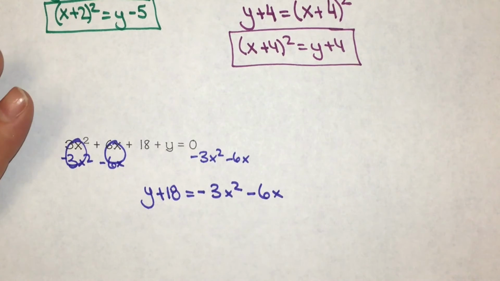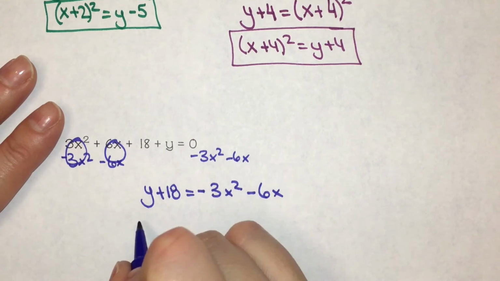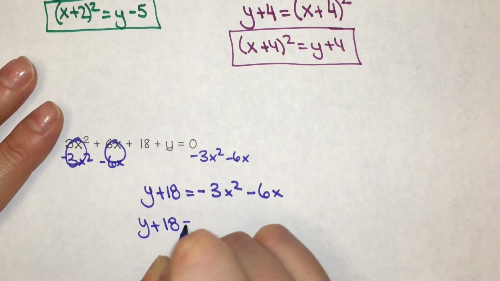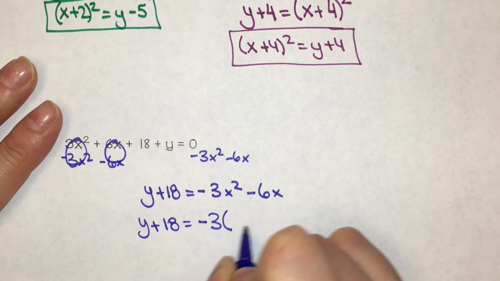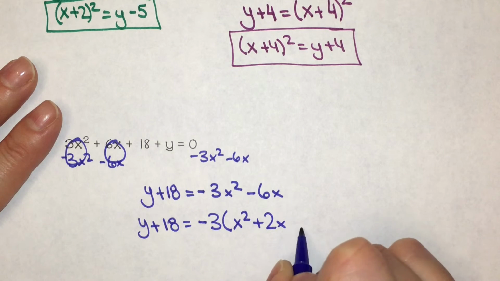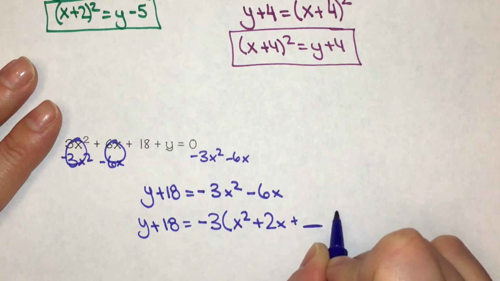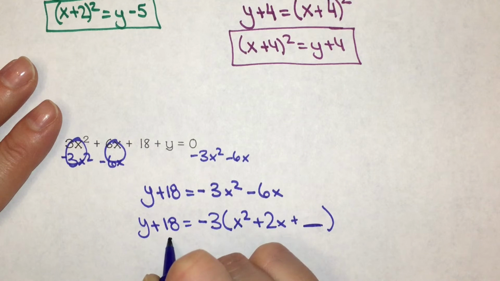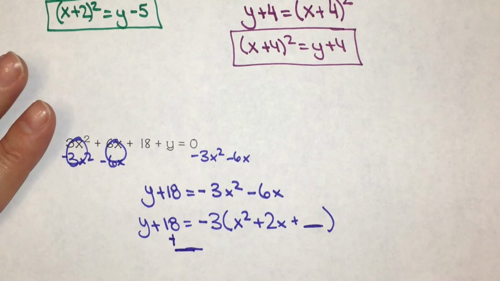So here I have to factor out negative 3. We have y plus 18 equals negative 3 times x squared plus 2x. I'm going to add something on, so I have to figure out what it is that I'm going to add on. But I'm going to add that to both sides.